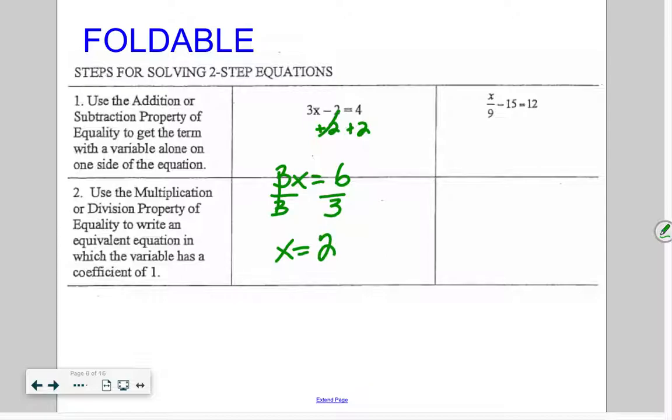So along the way, when we added 2 to each side, what property did you use? You used the addition property of equality. And when you divided both sides, you used the division property of equality.